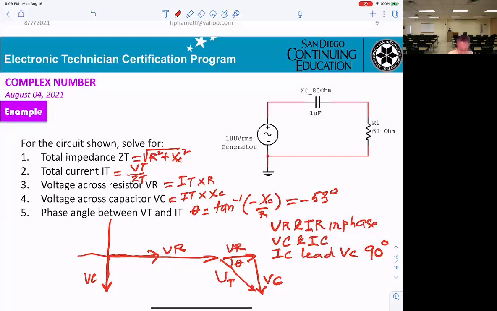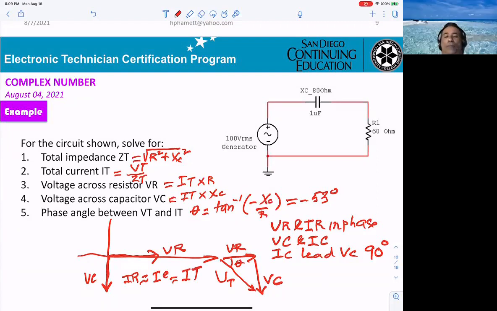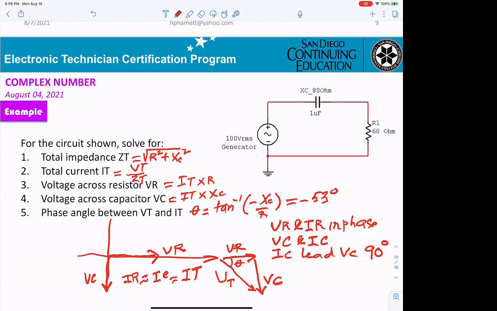Okay, so basically, IR will be the same as IC, right? IR, same thing. IC, same thing. I total. You see that?